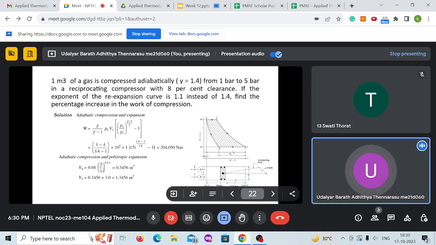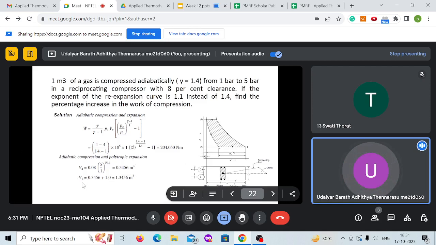So V3 by V4 will equal P4 by P3, and P2 and P3 are the same pressure, and P1 and P4 are the same pressure. So P1 by P2, which is 1 by 5, raised to power 1 by 1.1. So we can find V4, which comes out to be 0.3456 meter cube.